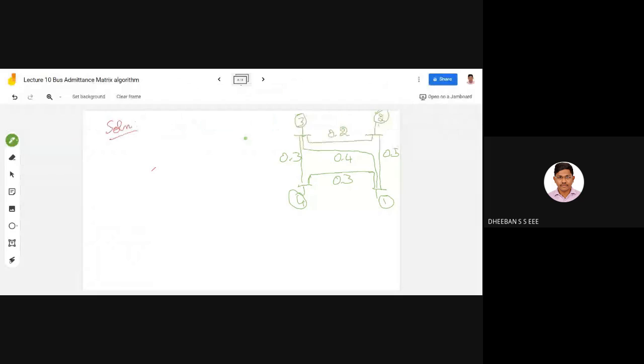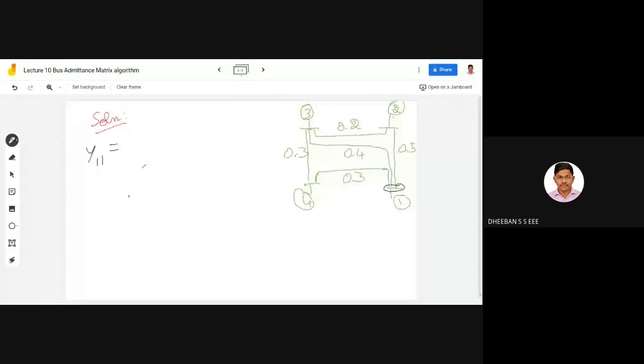So this is the given diagram, and from this first we'll be starting out with your Y11. It is a very simple concept. You have to see what are the lines connected towards your first bus.